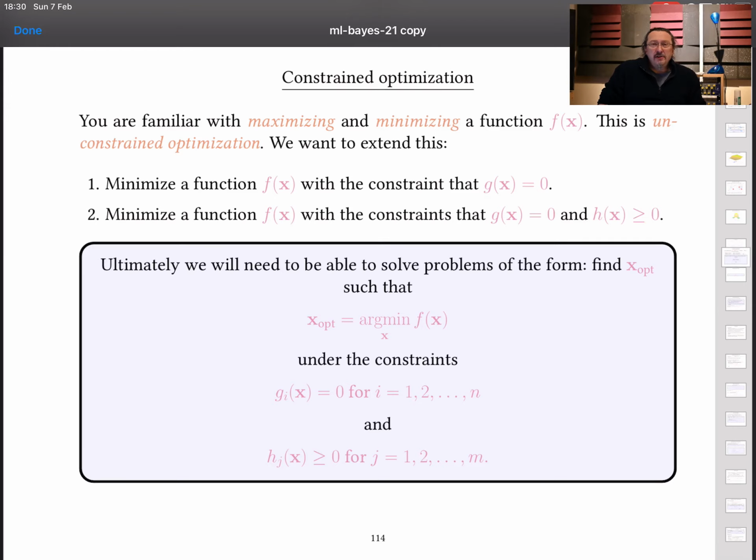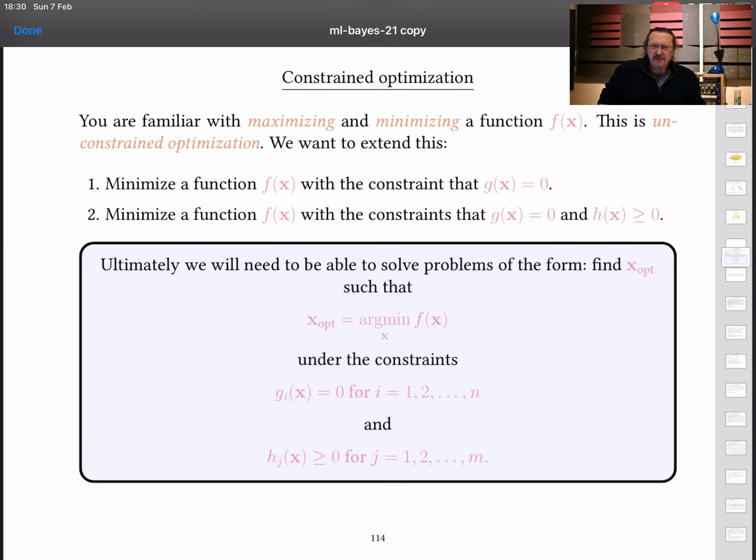You are clearly familiar with maximizing and minimizing a function f of x without constraints. You know how to do this. You take its partial derivative, you set it to 0, you try to solve the equations. I'm hoping that in NST Maths you will have seen something about how you might minimize or maximize.